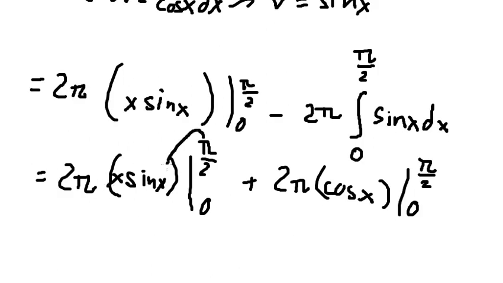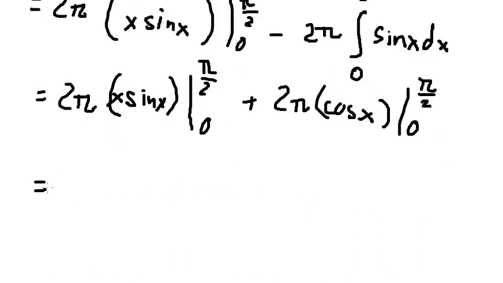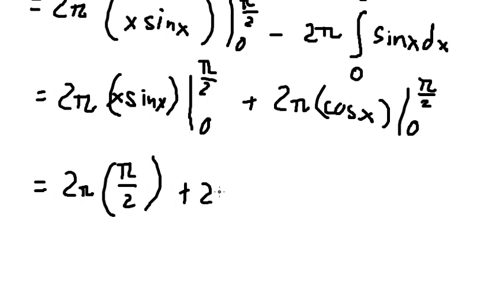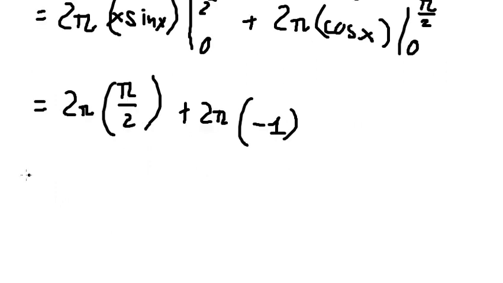So I will put π/2 in here and 0 in here. So this one we have π/2. I will put π/2 in here and 0 in here, and we get negative 1. So we simplify.